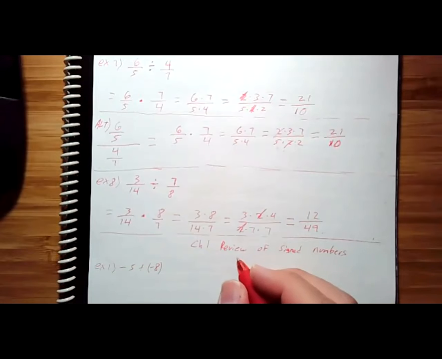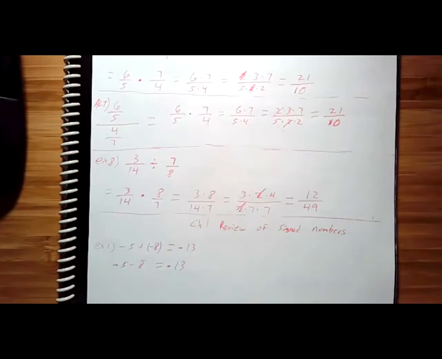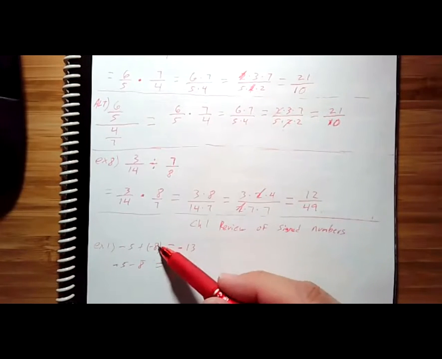So all that means is you just add them up as if they were positive. 5 plus 8 is 13. And since they're both negative, you keep it negative. This would be the same as saying -5 minus 8. You add them together and you keep it negative because they're both negative. These two are the same question.